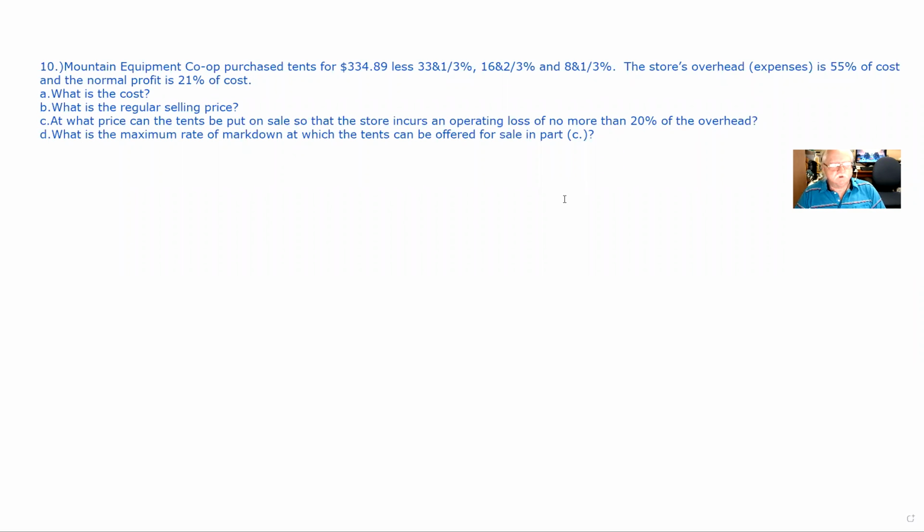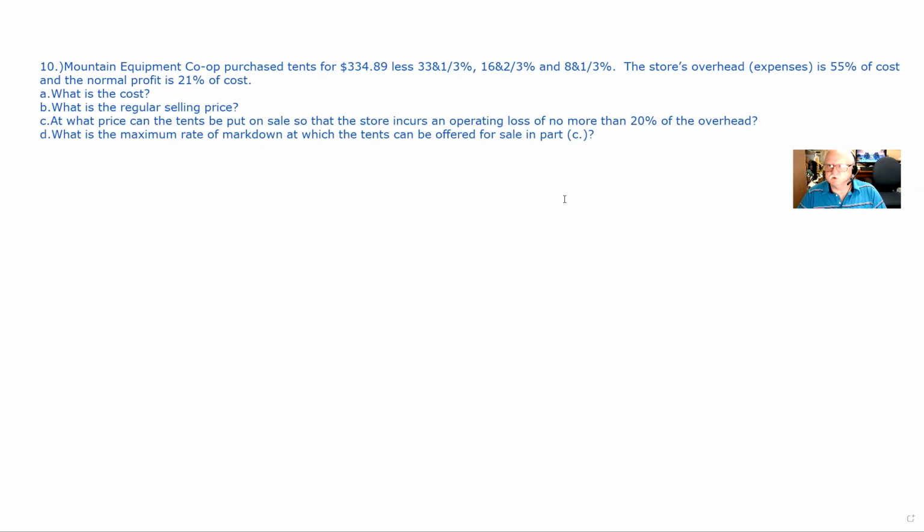So this is question 10 from chapter 5, part B. These are the agenda questions. The Mountain Equipment Co-op, which apparently is no more, purchased tents for $334.89, less 33 1/3%, 16 2/3%, and 8 1/3%.